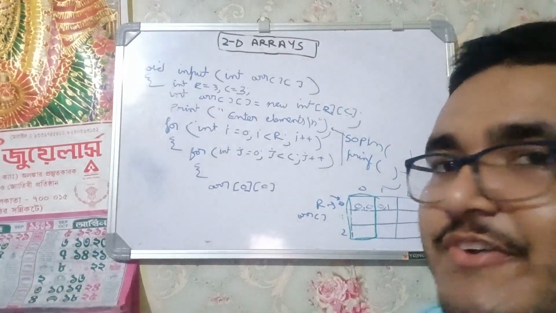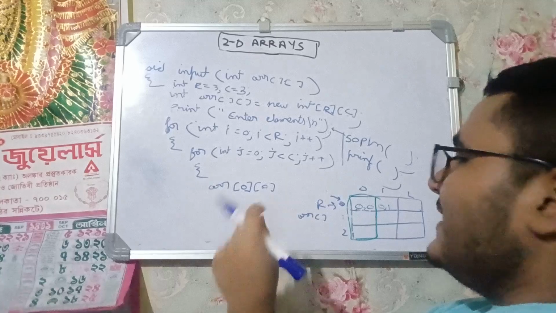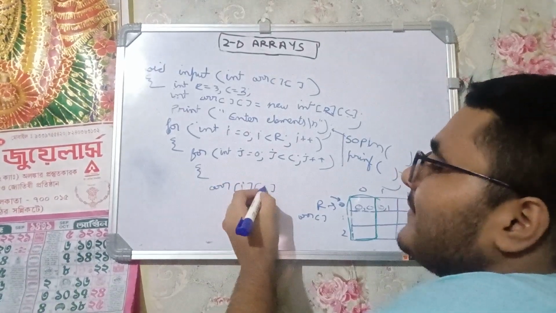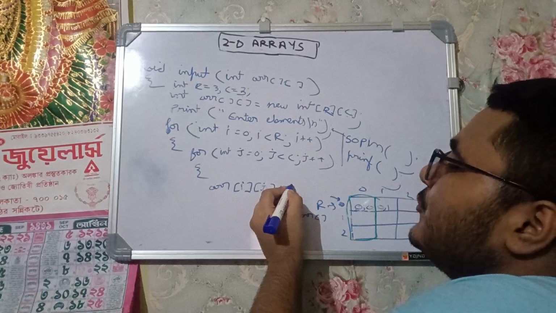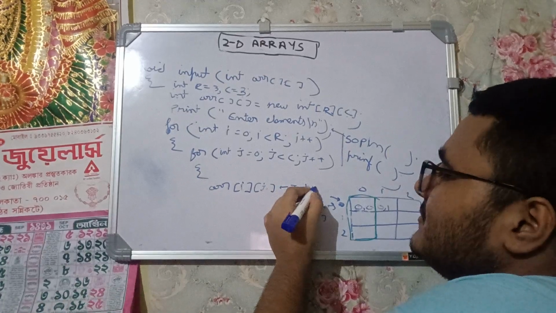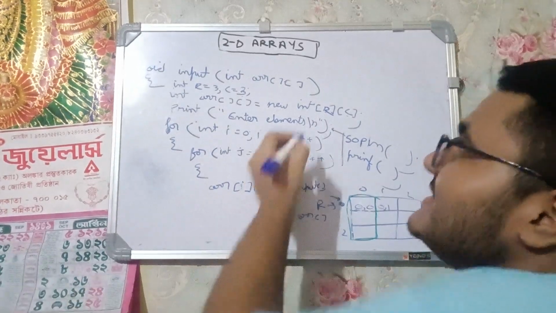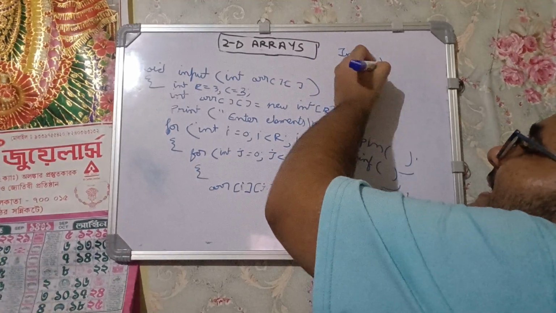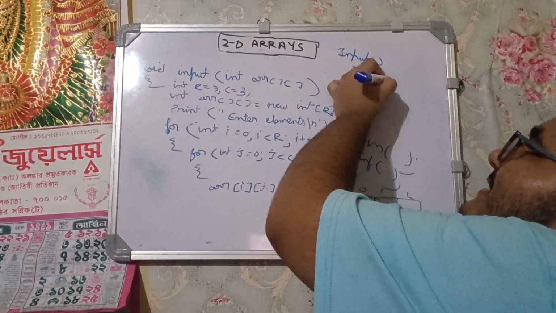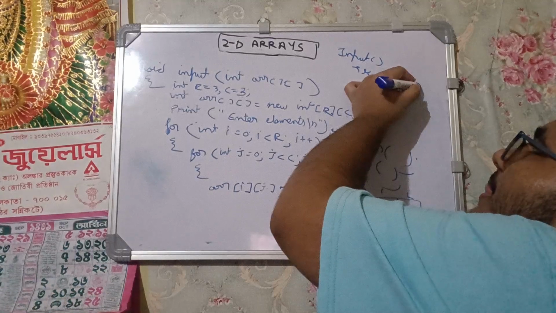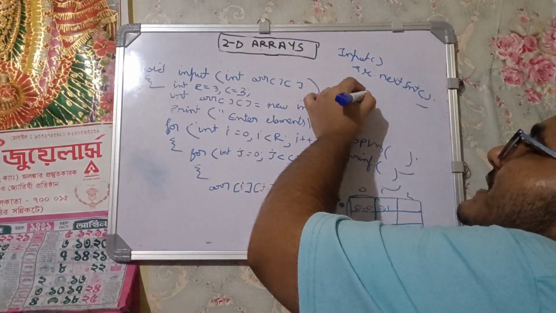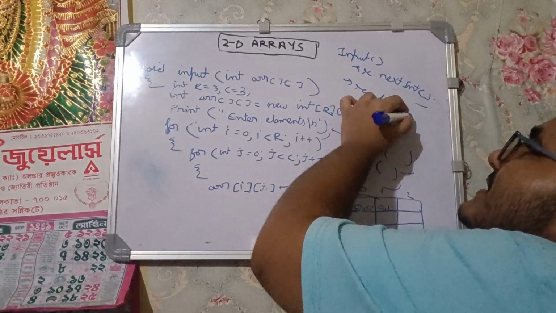So instead of writing directly 0 0, can I write i for the row and j for the column, and I am taking the input here. Now this input will be sc.nextInt in case of Java, and scanf in case of C.